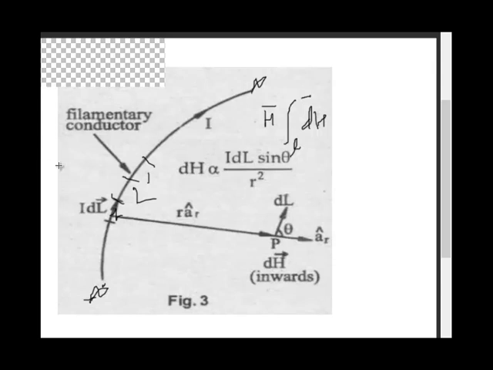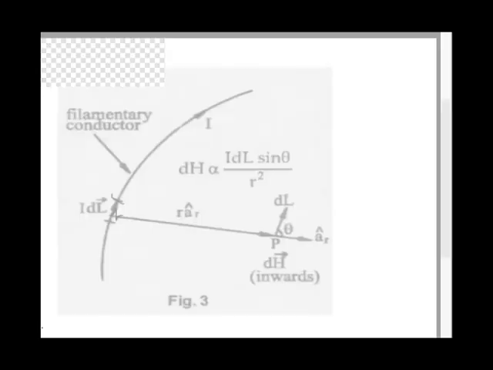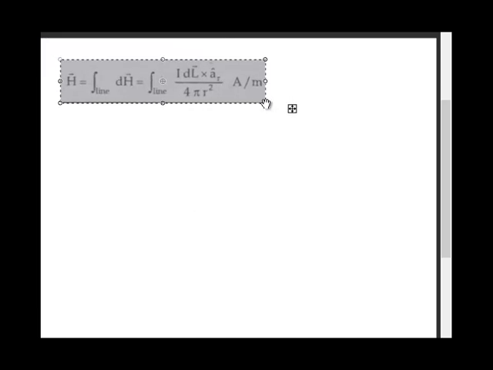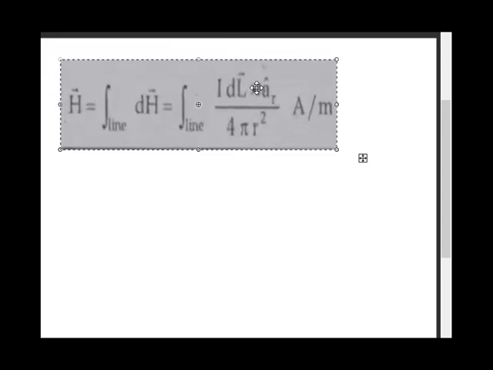So if you integrate the formula, then we will get complete H. The formula will appear like this. This is the formula. It shows that the dH, which is I dL cross aR upon 4 pi R square, is integrated over a line of integration to get H.